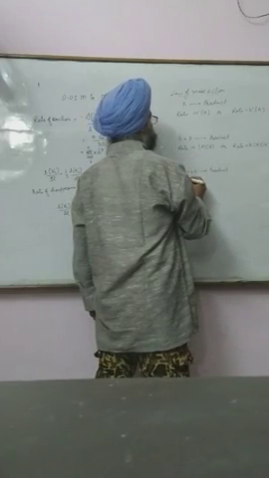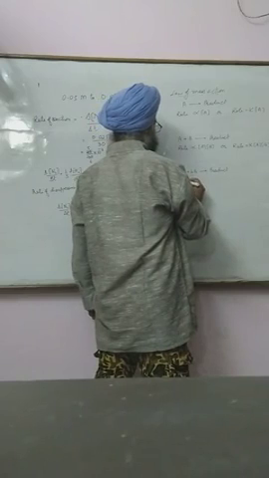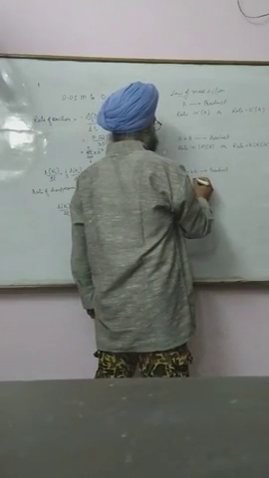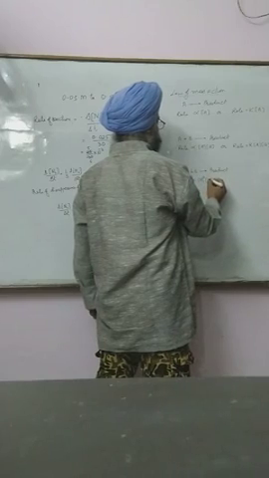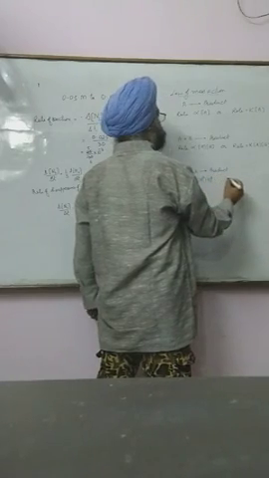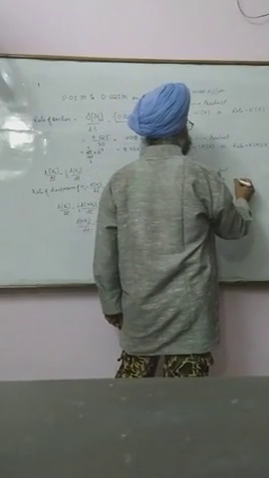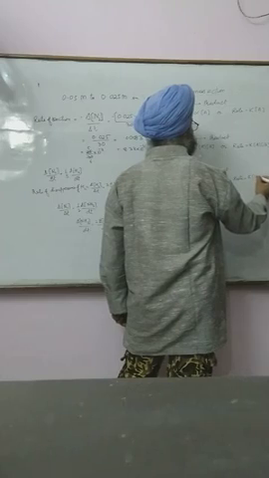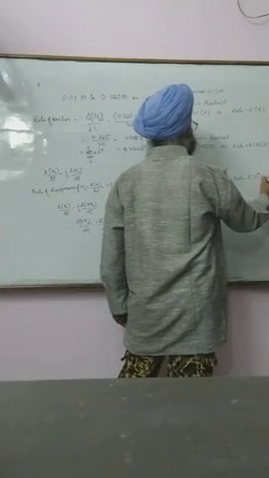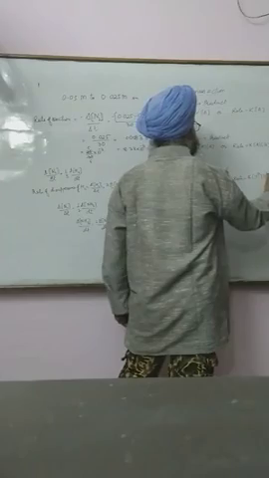Then rate is proportional to [A] raised to power a and [B] raised to power b, or rate is equal to K into [A]^a [B]^b.